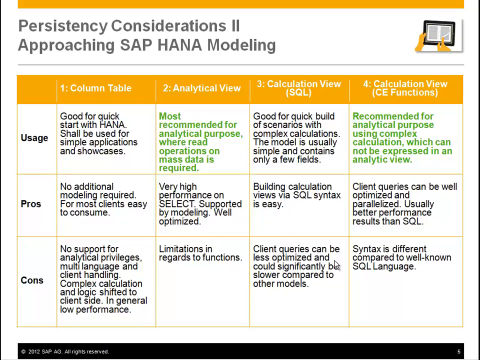For good performance, we recommend using CE functions, which are the calculation engine functions available in SQL script. These CE functions are specifically made for SAP HANA. Therefore, the client queries are well optimized and they will give you better performance than SQL. The downside is that you have to learn a new language.